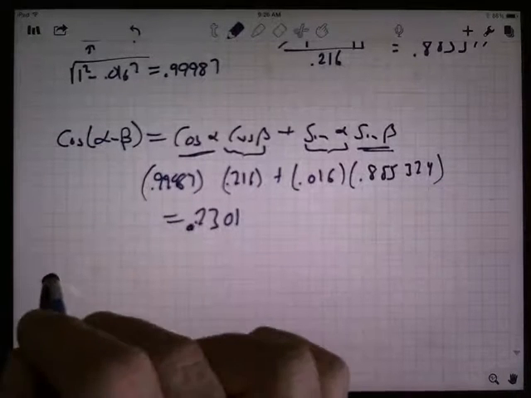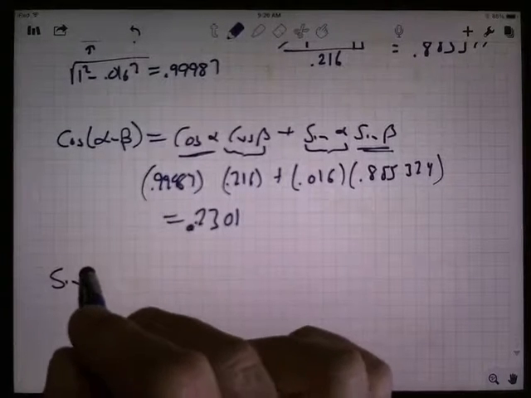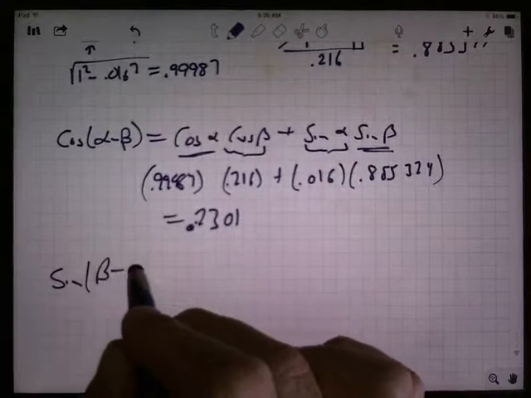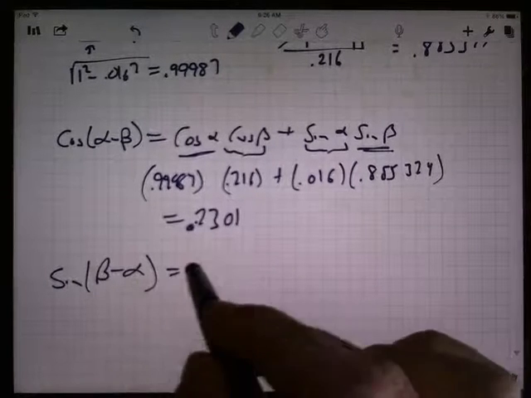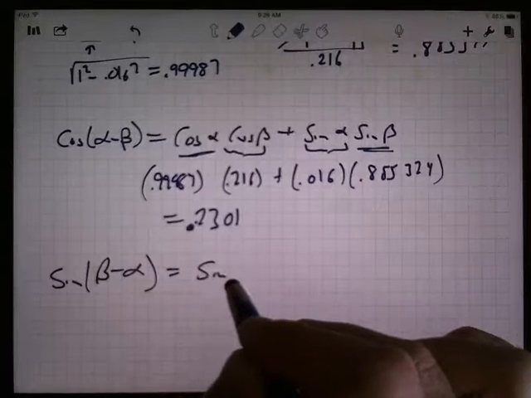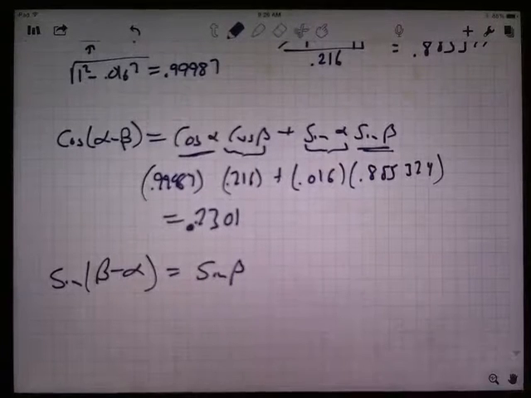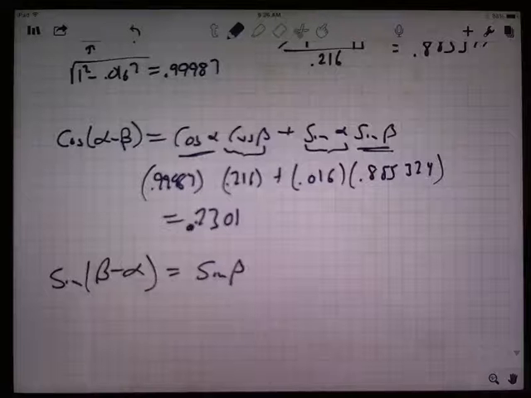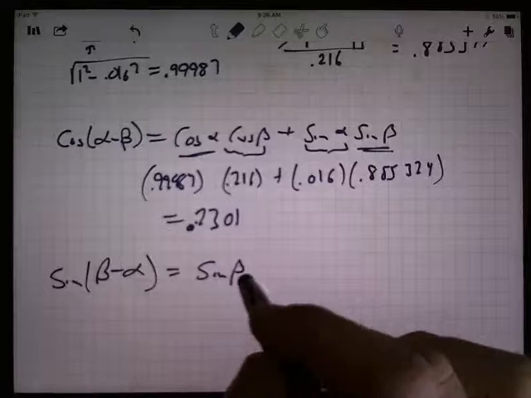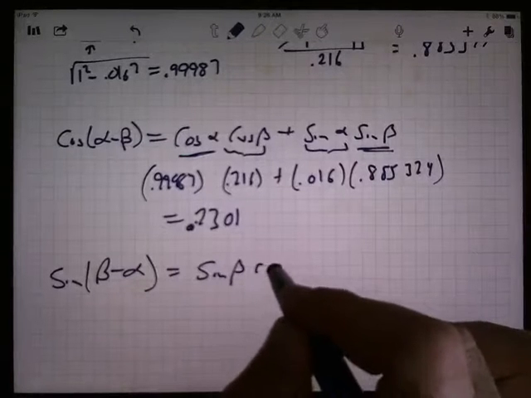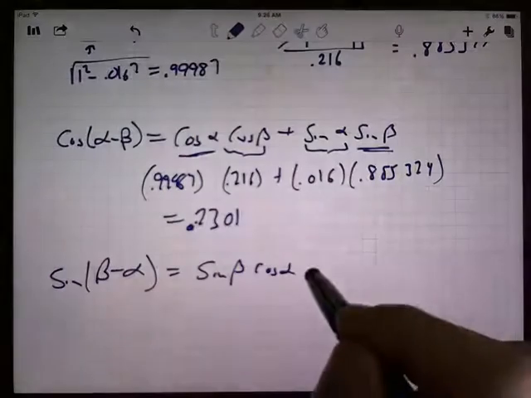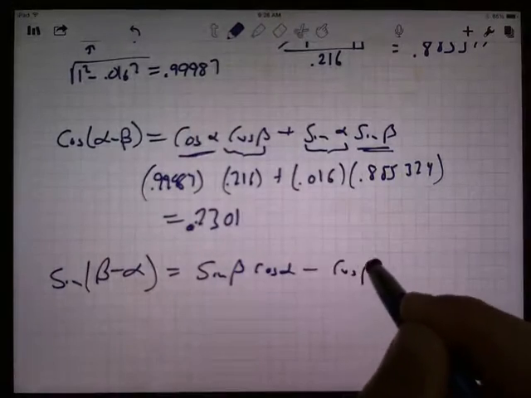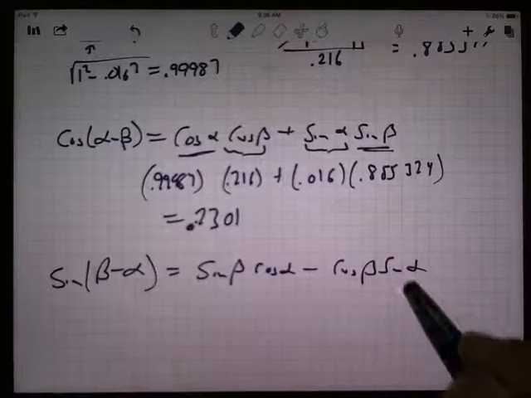Then they also asked for the sine of beta minus alpha. Let me do a quick check. Is that what they asked for? Yes, sine of beta minus alpha. So that's sine beta cosine alpha, not plus, minus cosine beta sine alpha.